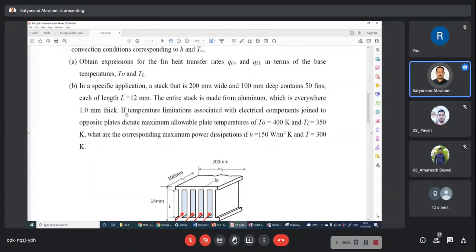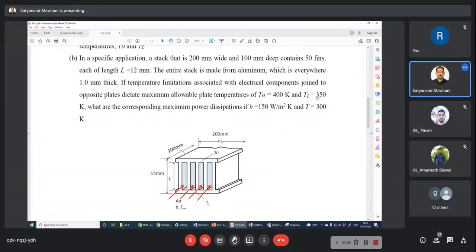If the temperature limitations associated with electrical components joined to opposite plates dictate a maximum allowable plate temperature of T0 equal to 400 Kelvin and TL equal to 350 Kelvin, what are the corresponding maximum power dissipations if h is equal to 150 and T infinity is equal to 30 Kelvin?